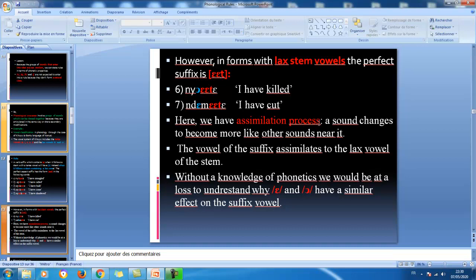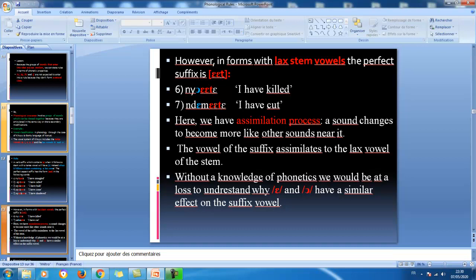Of course, we have already defined the process of assimilation, and this is a repetition of it. An assimilation process is when a sound changes to become more like other sounds near it.